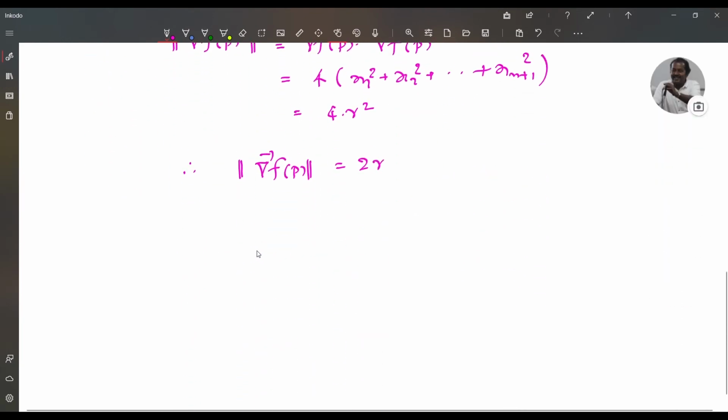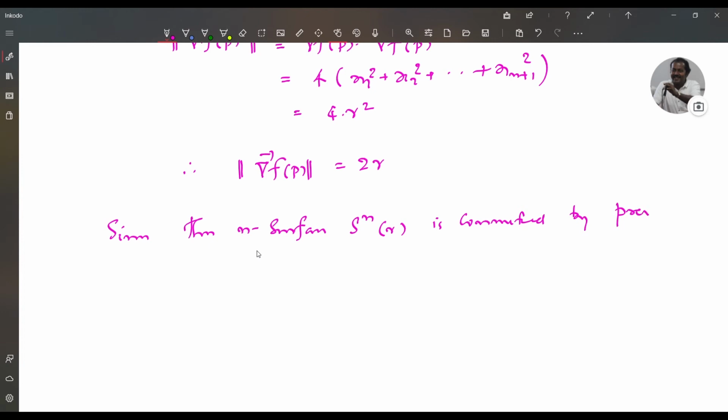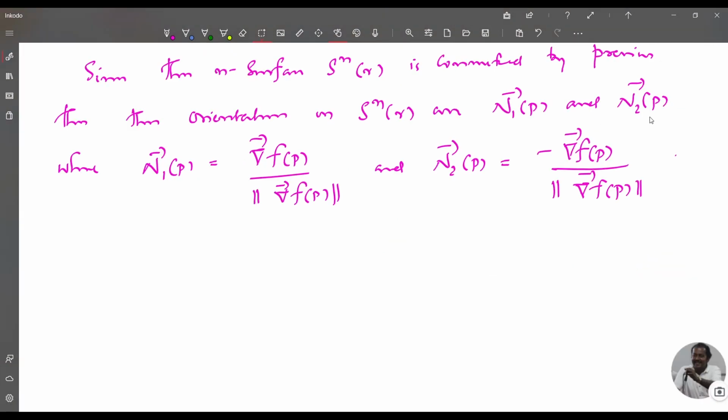So since the n surface Sn of R is connected, by the previous theorem, the orientations on Sn of R are n1 of p and n2 of p, where n1 of p is del f of p by norm del f of p and n2 of p is minus del f of p by norm del f of p.